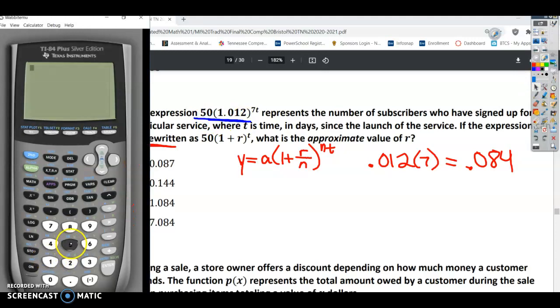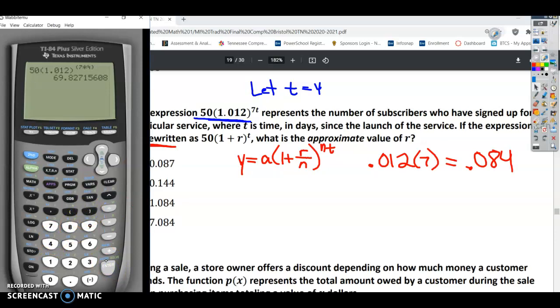So we're going to do 50 times 1.012, and then we're going to raise that to the 7 times, and let's just let t be something. So it says time in days since its launch. So let's let t be 4 just to begin with. All right, so we're going to say 7 times 4 and then hit enter.